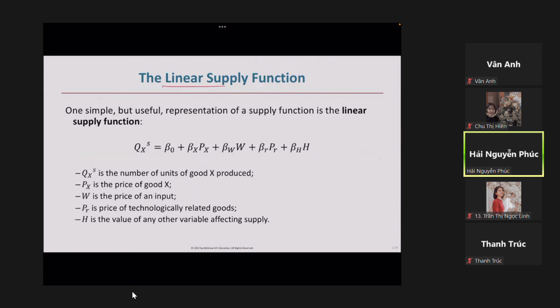We have Q_S, the quantity supplied of good X. There are 4 variables that affect it according to this supply function, namely P, the price of good X, W, the price of input, PR, the price of technologically related goods, and H, all other factors.